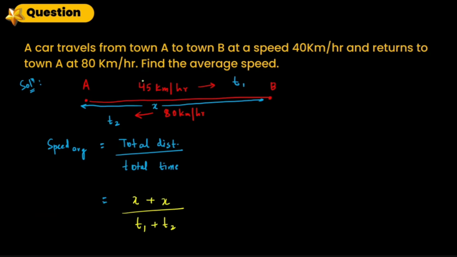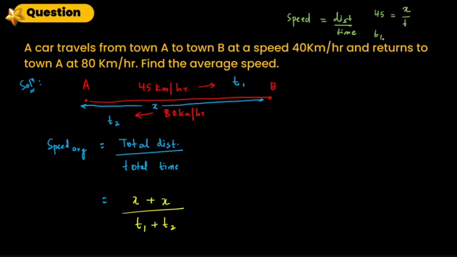Similarly, we have been given this speed. So how can we use this speed in order to calculate this t1 time? Let us try to do it. So we know that speed is nothing but distance upon time. Why not we consider traveling from A to B? So when the car traveled from A to B, it took t1 time to cover x kilometers.